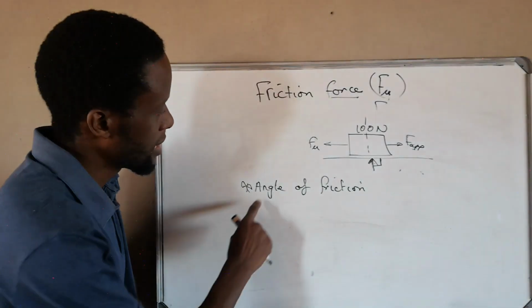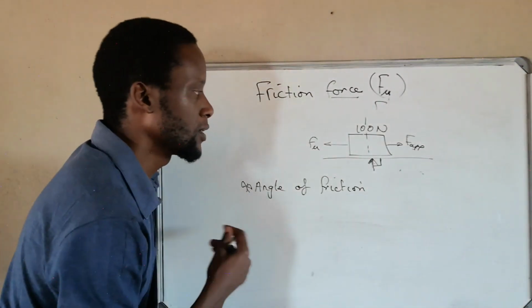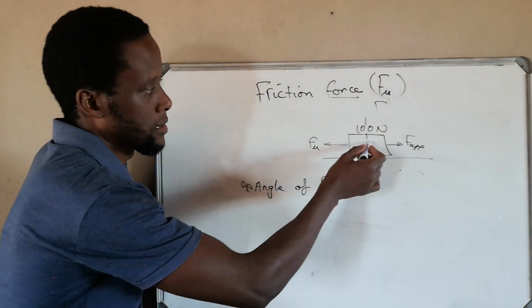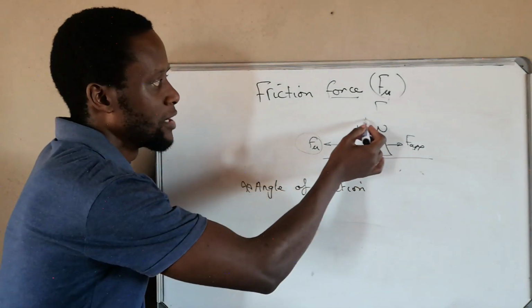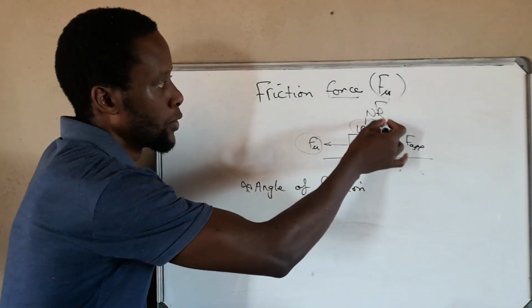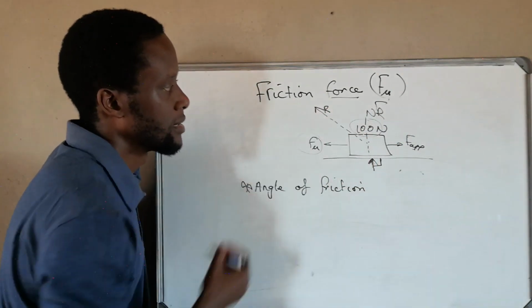So now, what we are saying when we come to defining angle of friction, when we calculate the resultant of the friction force and the normal reaction, our resultant will be somewhere in that direction.